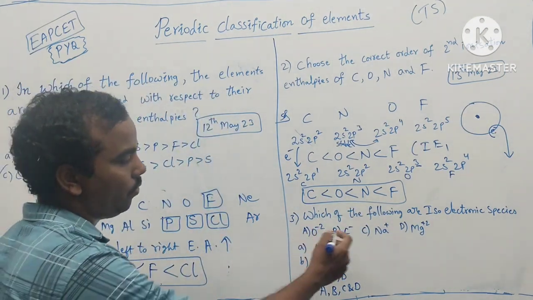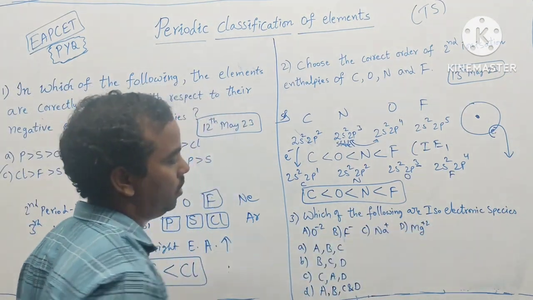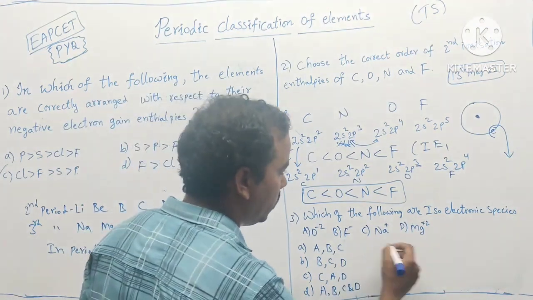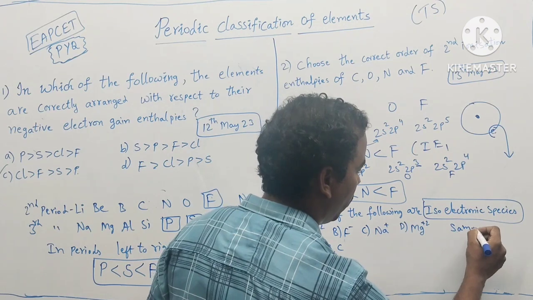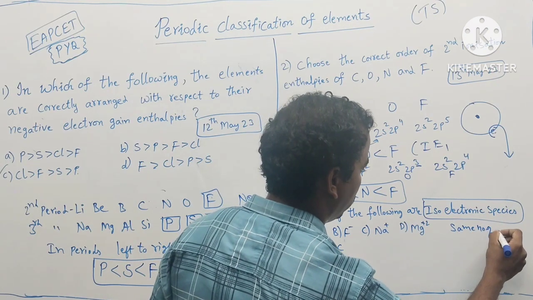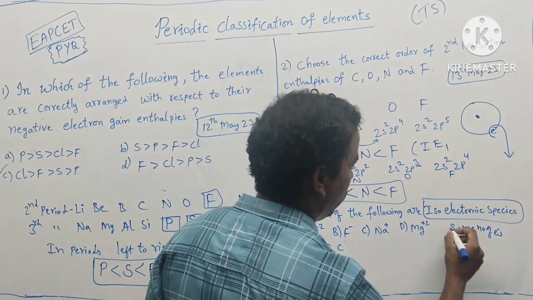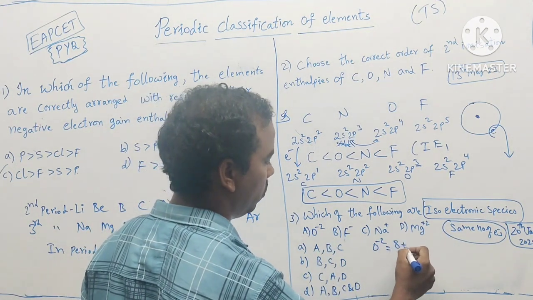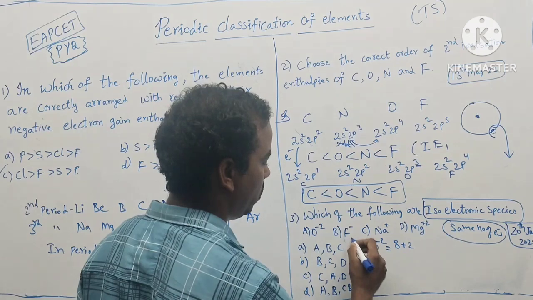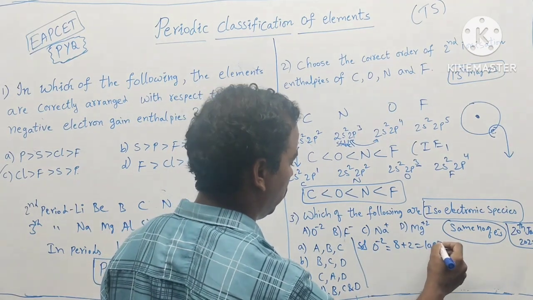Next, which of the following are isoelectronic species? Isoelectronic species means the same number of electrons. O minus 2 means 8 plus 2, 10 electrons.